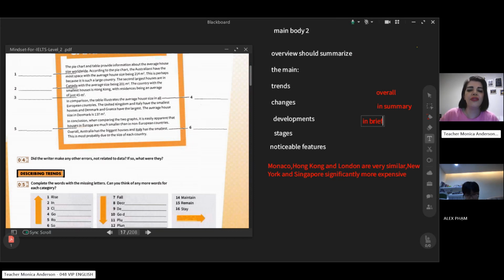And another one, as can be seen, or it can be clearly seen. So there are these words, but normally we use overall.